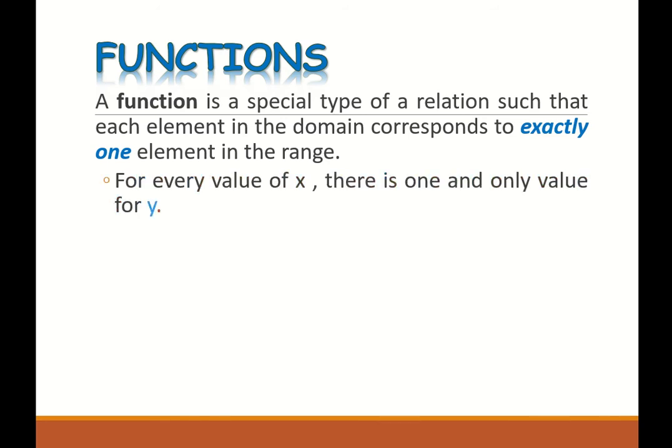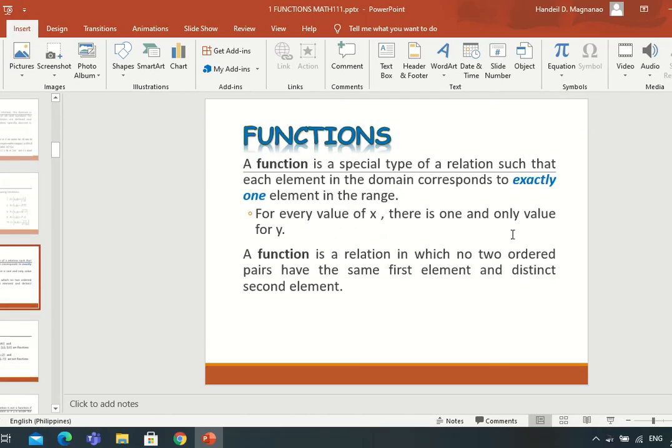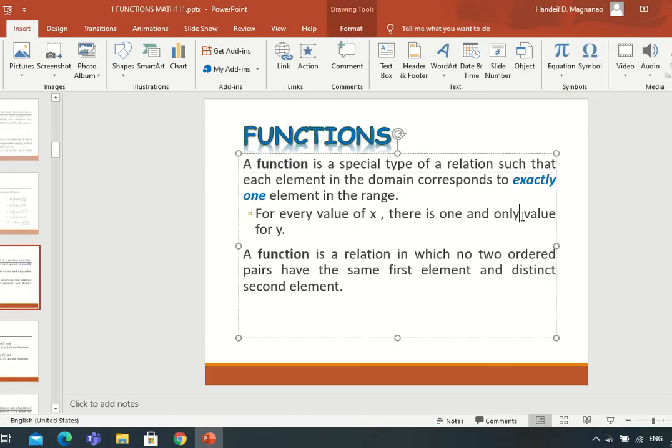So for every value of x, there is one and only one value for y. Okay, is that clear?